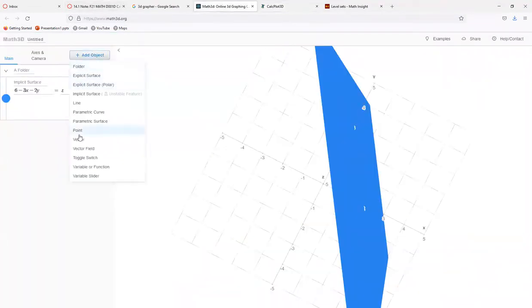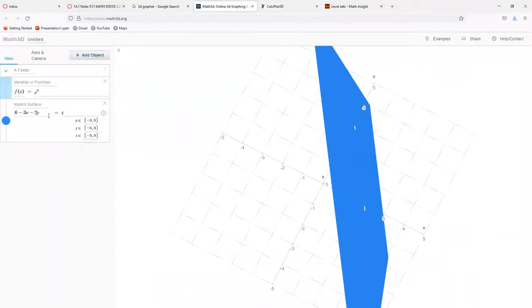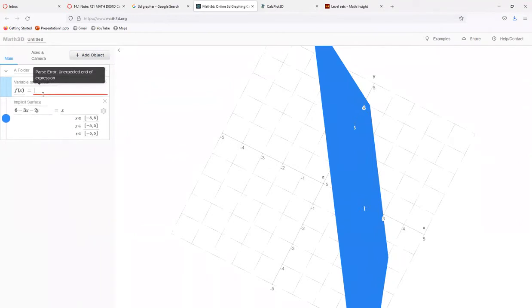Maybe this one. Not f of x. Let's see, y equals 6 minus 3/2, 1/4 x.